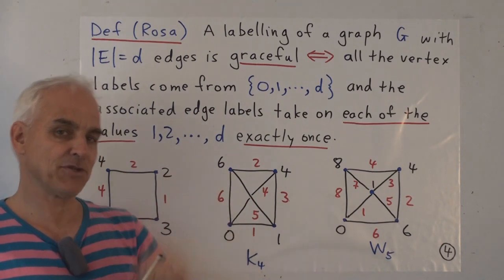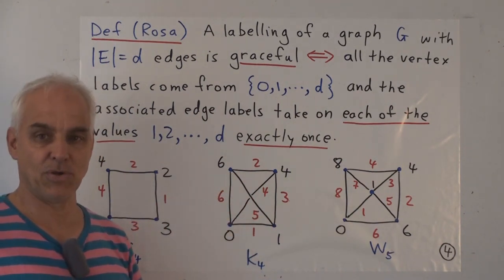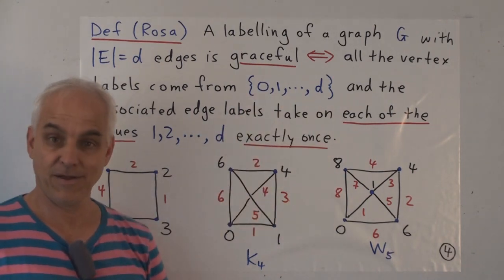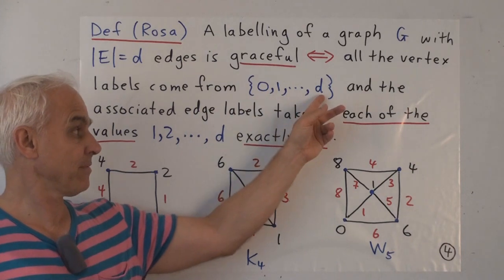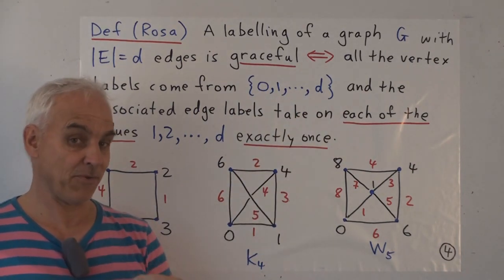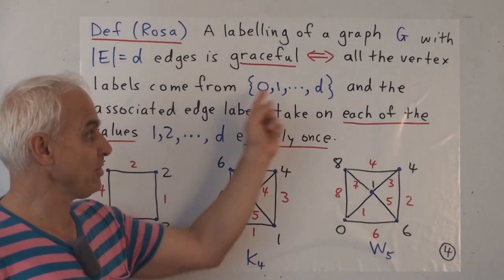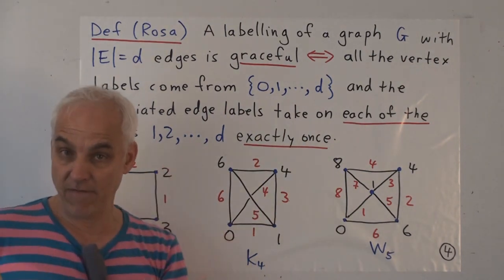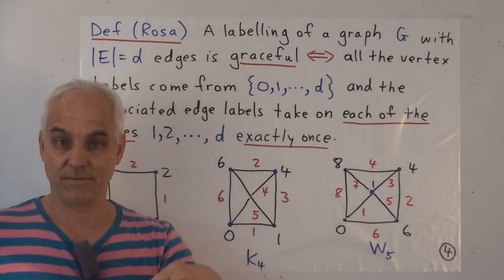That previous exercise that I gave you shows that you can still manage to use those D plus 1 labels to label the vertices, because D plus 1 is always bigger than or equal to the number of vertices. So you can still use these labels, or a subset of them, to label the vertices uniquely.